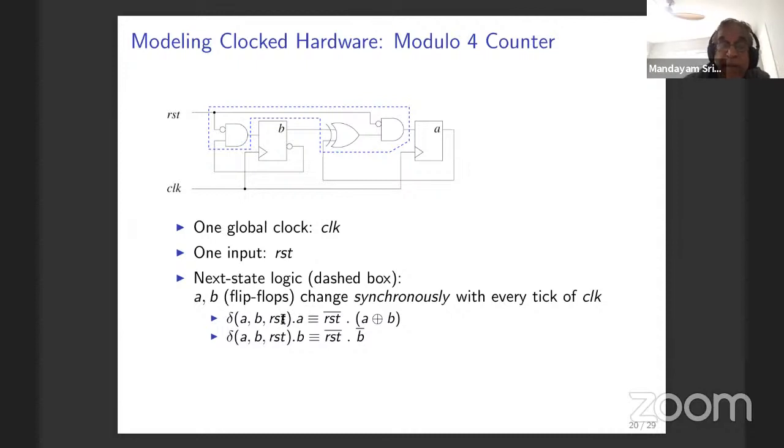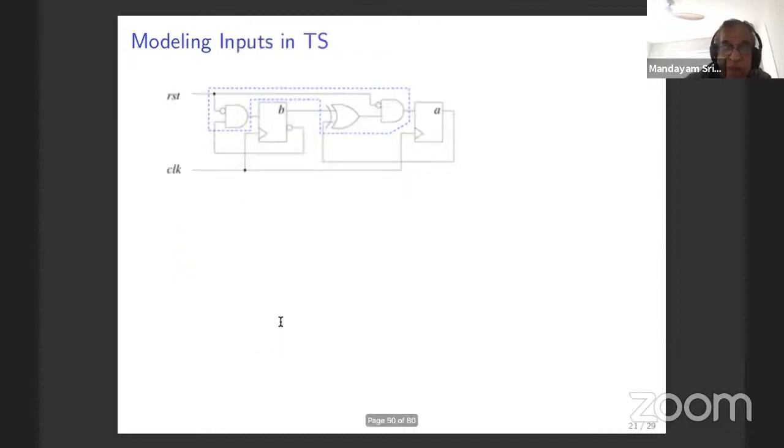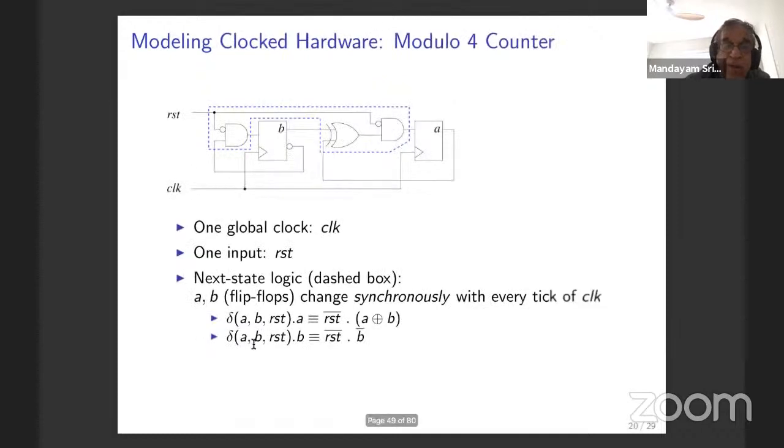So now I've defined the delta, which defines what A and B are as a function of the current state, A, B, and RST. But what about RST itself? You will have to model that.